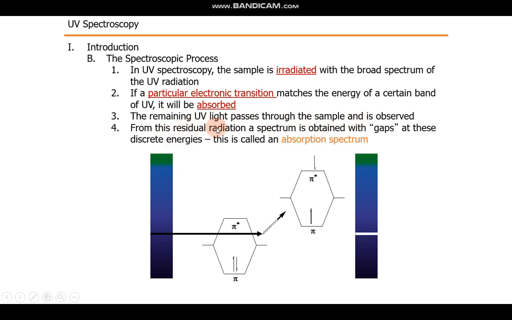Similarly, the residual radiations of the spectrum is obtained with gaps, where the gaps would take place from where the energy is taken by the electrons to jump from pi to pi star orbital here in this particular example. The energy absorbed will not appear in the output radiation, or will appear with the lower intensity in the output radiation, which would give you the structural information about the sample.